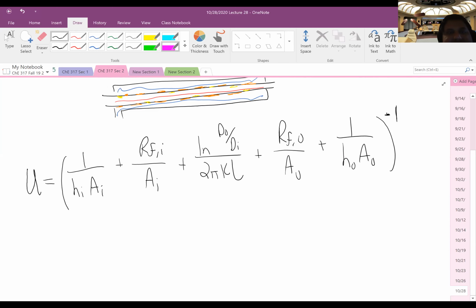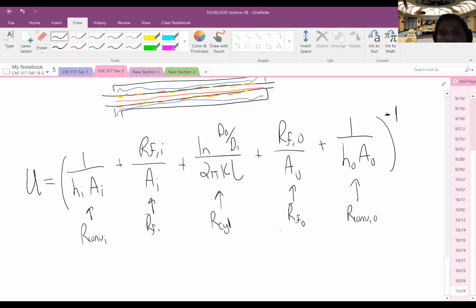And so I have my convection resistance here, my material conduction resistance through the pipe, or cylinder, and then I have a fouling resistance on the inside and on the outside of my pipe.